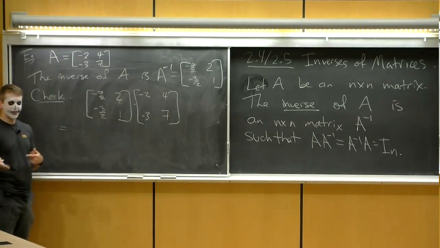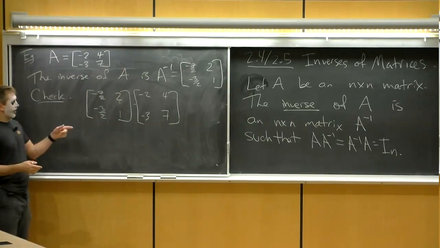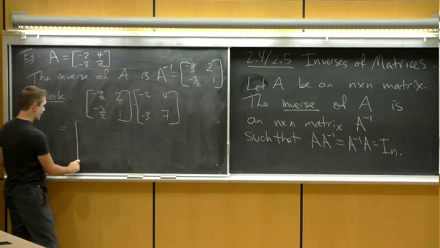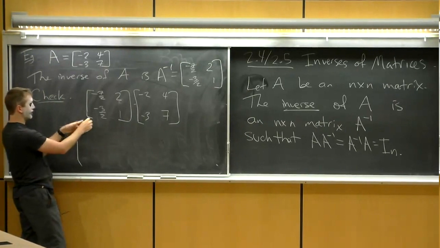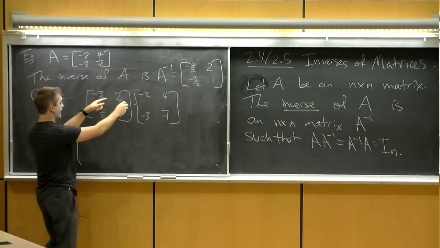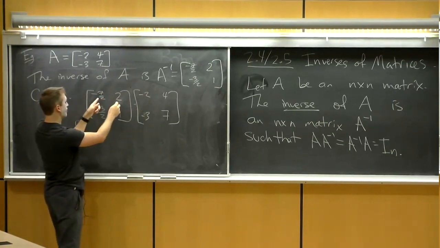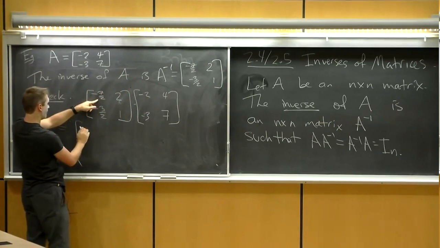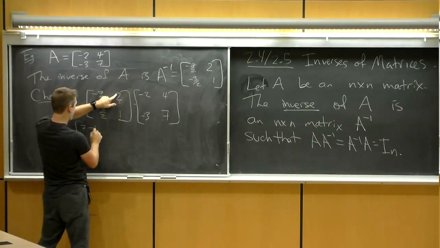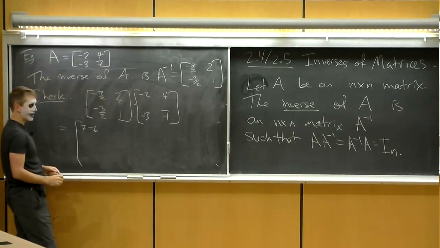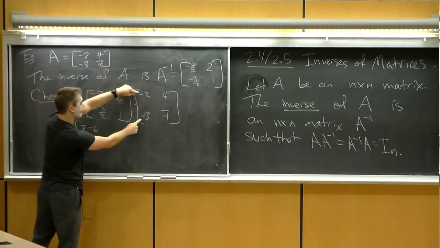So now we have to think back to last week and how we did this matrix multiplication. To get the entry on the first row, first column, I take the first row of this matrix and multiply it down the first column of this matrix. So -7/2 times -2 is +7. 2 times -3, I get -6.